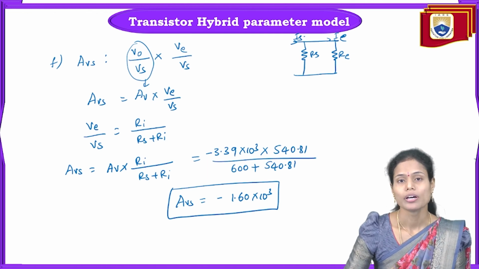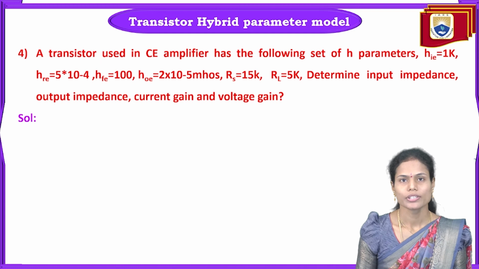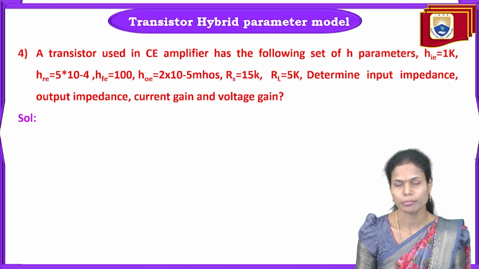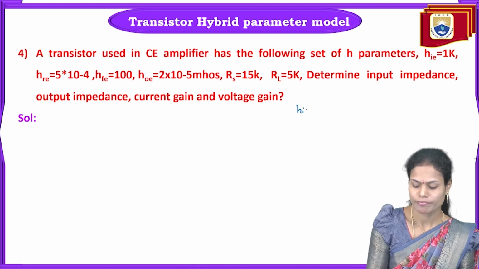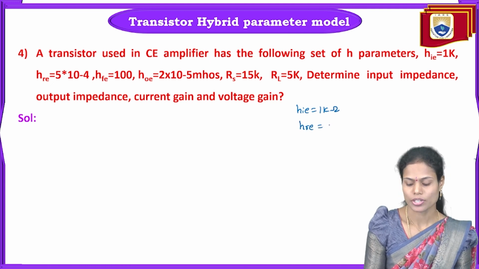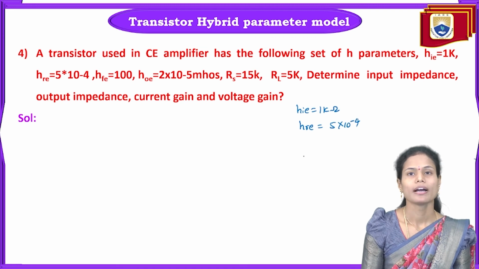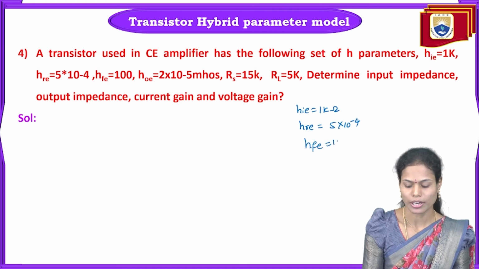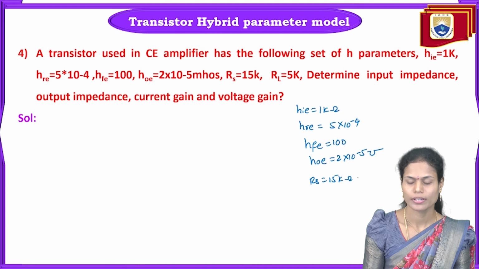So in this way we need to find all the parameters using exact analysis. So while coming to the next problem, a transistor used in CE amplifier has the following set of H parameters. So the given parameters I am writing: HIE equal to 1 kilo ohms, reverse voltage gain HRE equal to 5 into 10 power minus 4, forward current gain HFE equal to 100, and the output admittance HOE equal to 2 into 10 power minus 5 mhos, and the source resistance is 15 kilo ohms, and the load resistance is 5 kilo ohms.